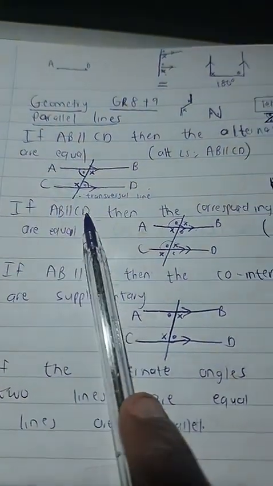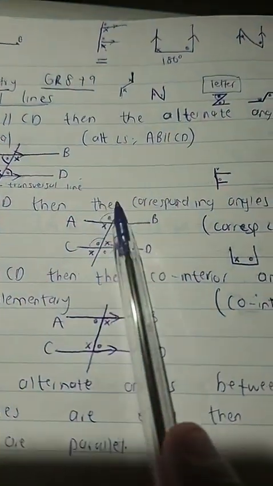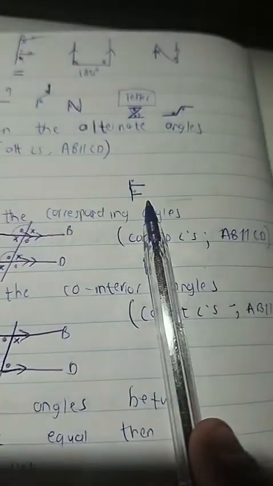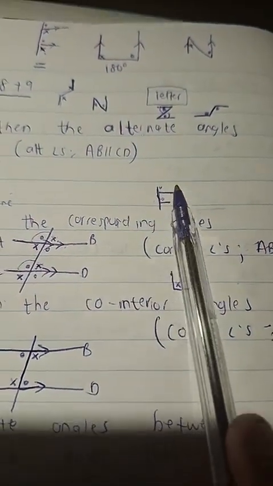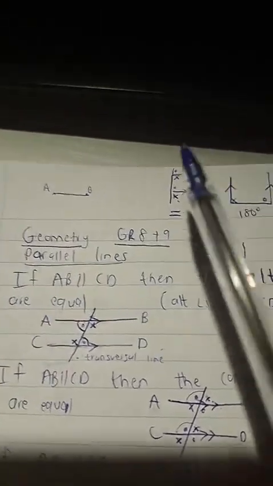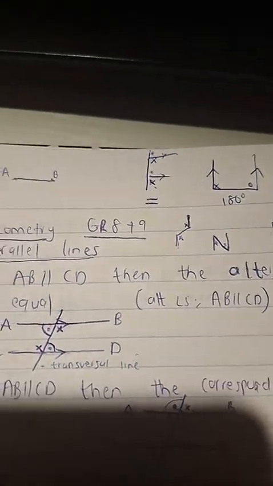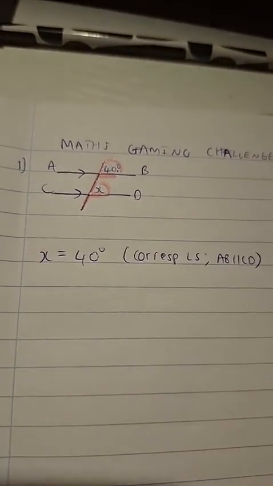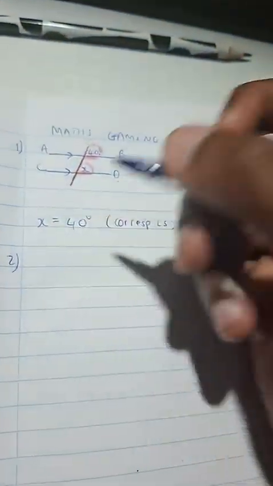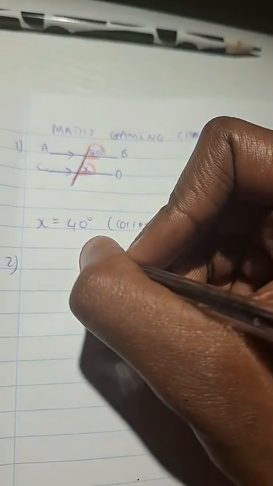It said if AB is parallel to CD, then the corresponding angles are equal. And we did mention that corresponding angles has to do with the F shape, on top or bottom. So you guys are 100% spot on, and I'm very proud of you for giving me the correct answer. Let's move on to the next problem or game challenge. Next one.